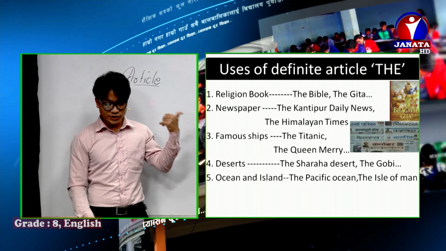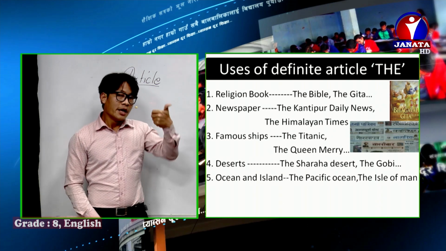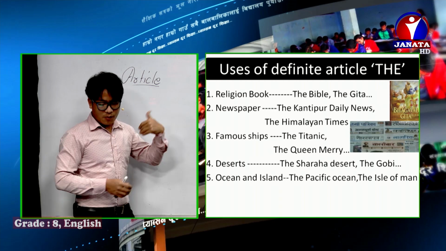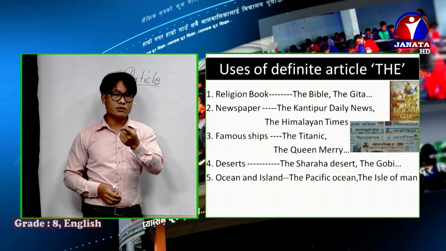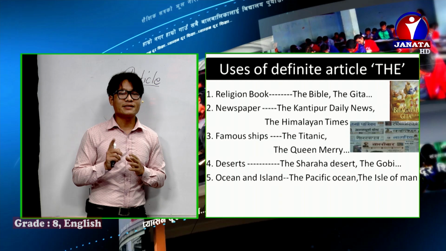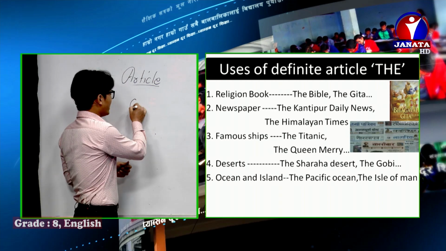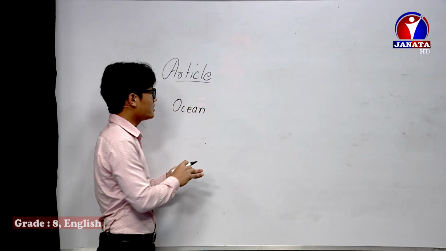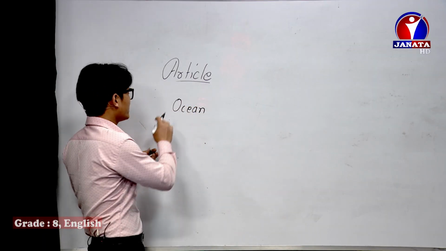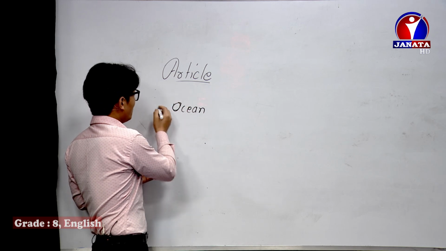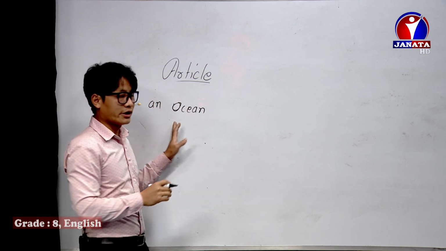Next, ocean and island. When there is a name of ocean and island, you should be sure that the definite article is used. But if there is only ocean, then use an ocean.